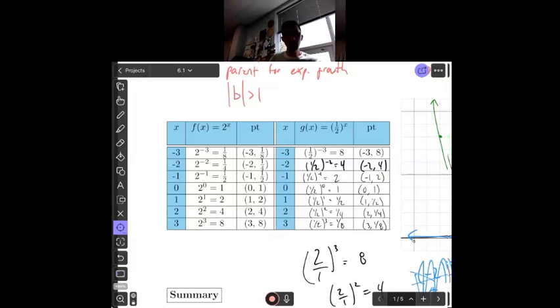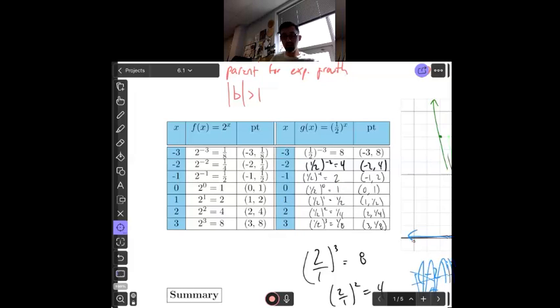It's a consistent change. The ratio of change is the same for each gap of 1. When I go from -2 to -1, 4 times 1/2 is 2. When I go from -1 to 0, 2 times 1/2 is 1. That ratio of change is consistent between those gaps of 1.